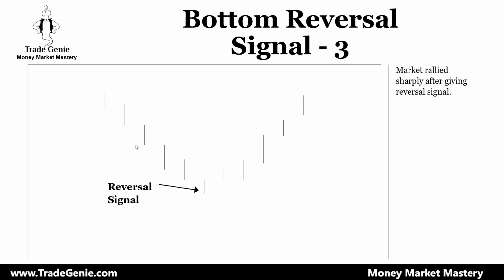Out of those reversal signals, there are reversal signals which are very powerful, and some are just ordinary. So spotting the signal which is very powerful, that makes you money. If you treat all the reversal signals the same, you will make mediocre returns. But if you treat different signals differently and watch what is happening afterwards, that's where you make the most money.